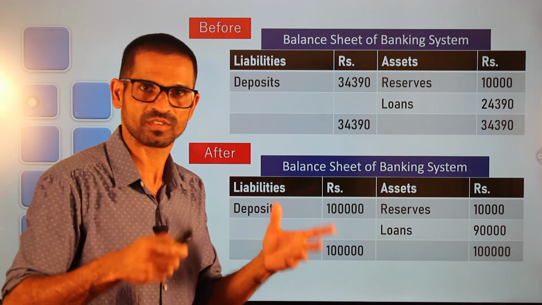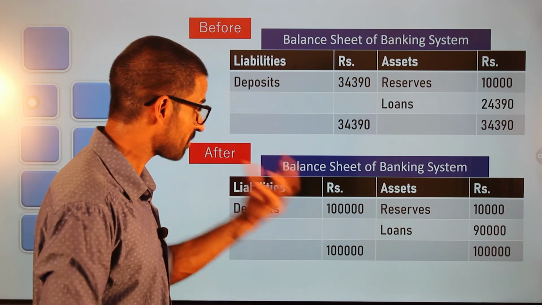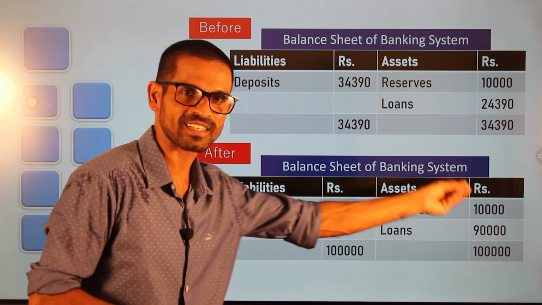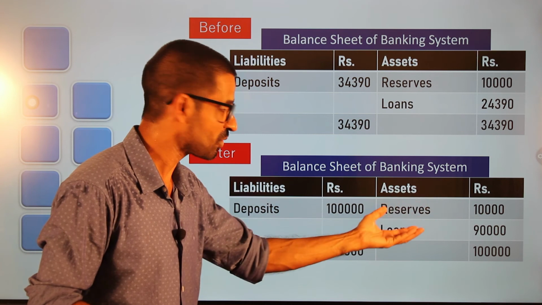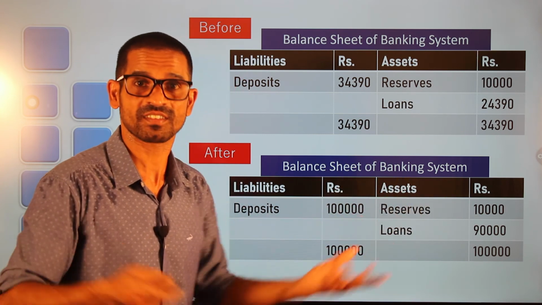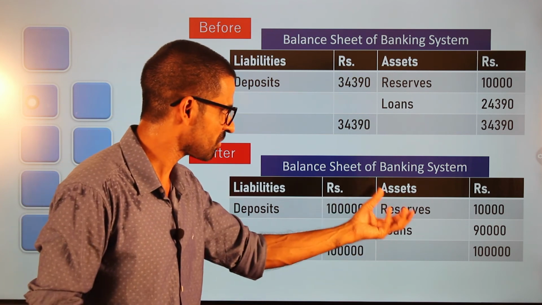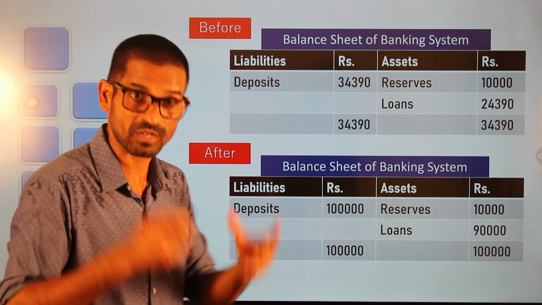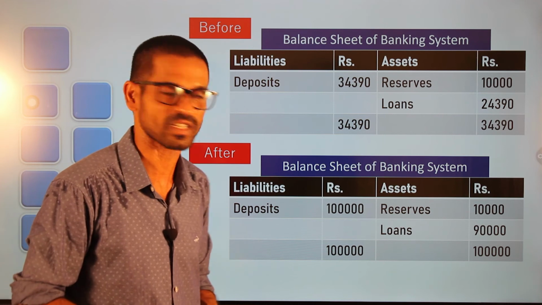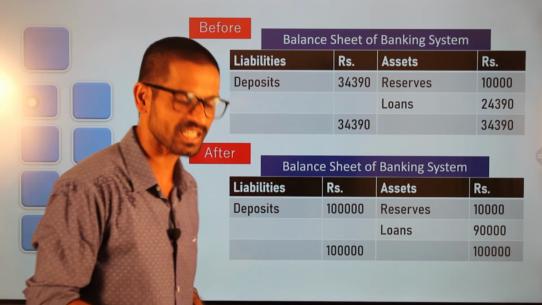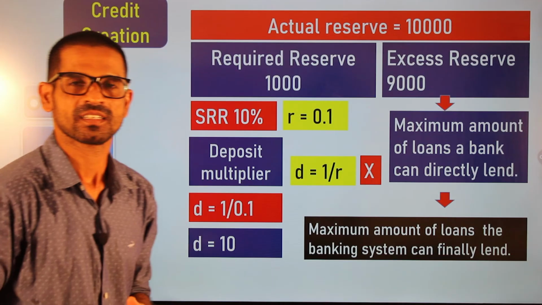Nothing happened to that because there was no cash drain. Then 10% of 100,000 is 10,000. So now there is no more excess reserve in the banking system. Right? This actual reserve equals the required reserve, 10% of 100,000. So this is the maximum expansion in money supply.